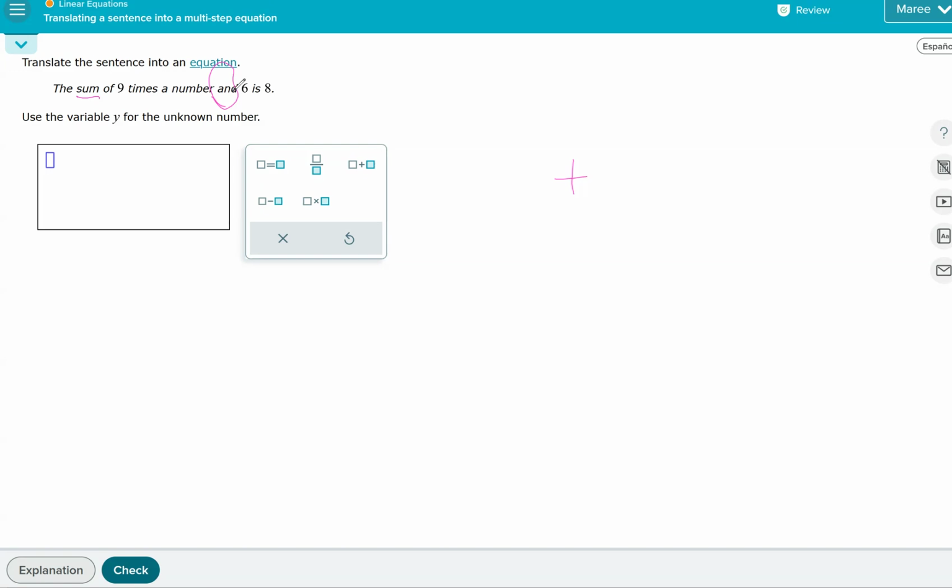So we have 9 times that number, which is y. And then the and will jump us over the plus sign and give us what we're adding to 9y, and it says 6. So 6 comes right after the word and, so we put 6. And in math, the word is means equals, and then we have equals 8.